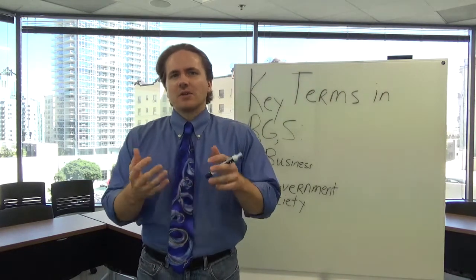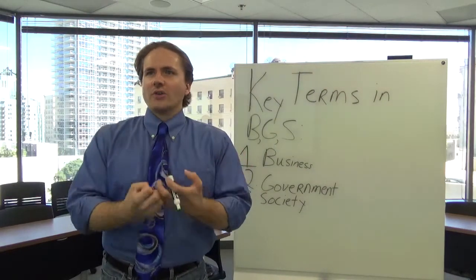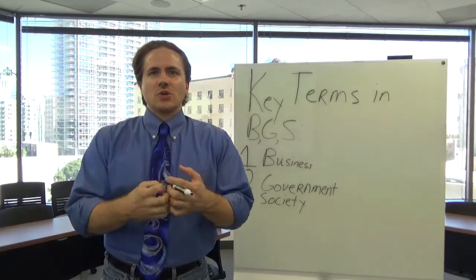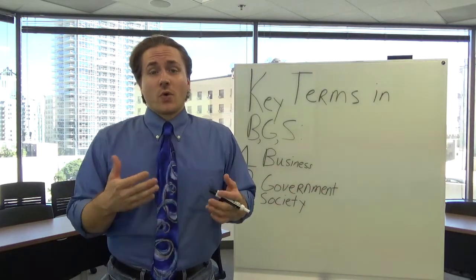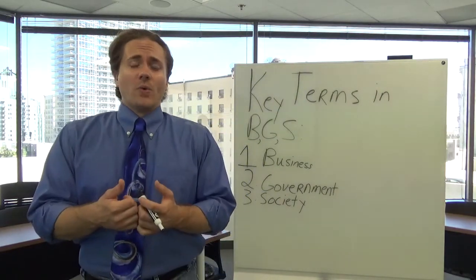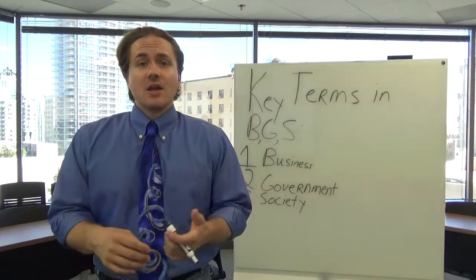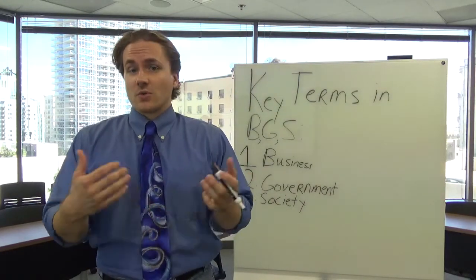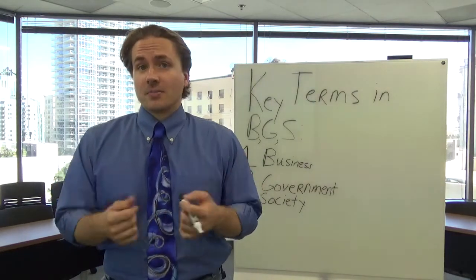So it basically looks at how people interact with their core values, with institutions, and with the physical objects in their environment. And of course, we are all members of multiple societies. We can say that we are members of our family, as an example of society. We can also say that we're members of certain religious groups or church organizations or certain leisure activities, for example, like a sports team.